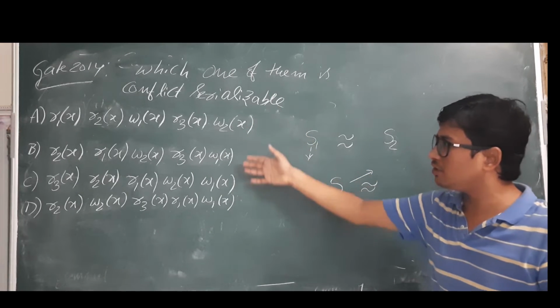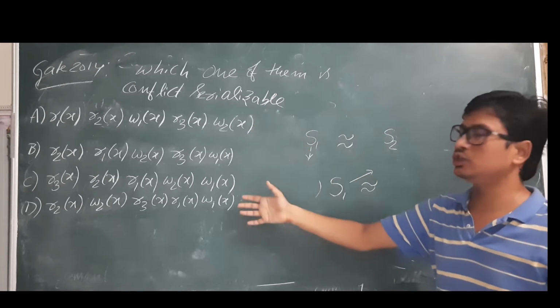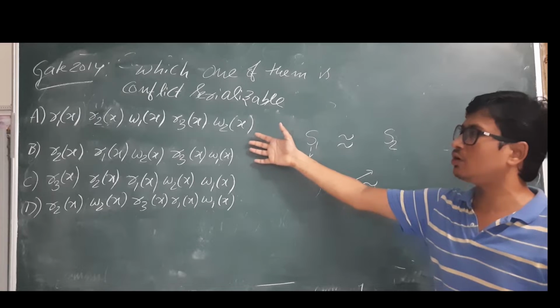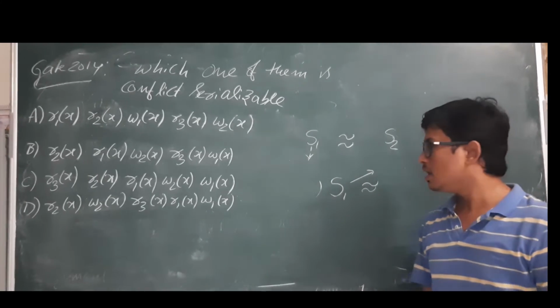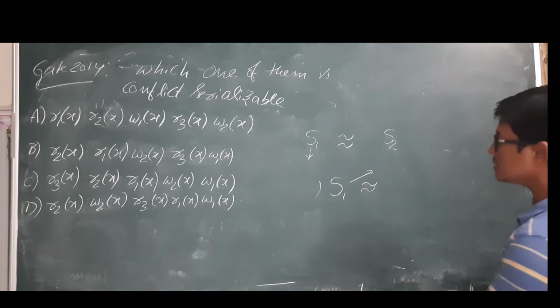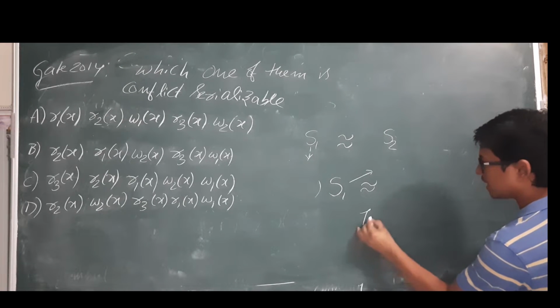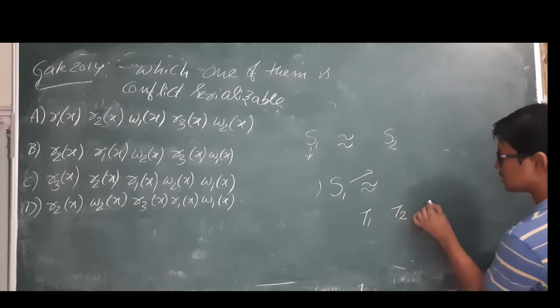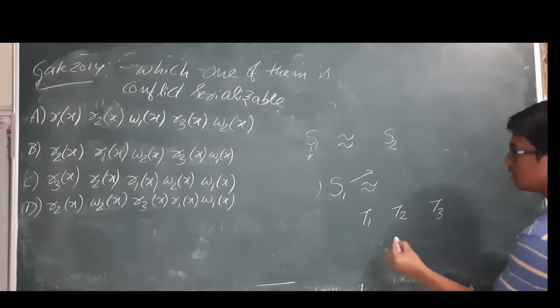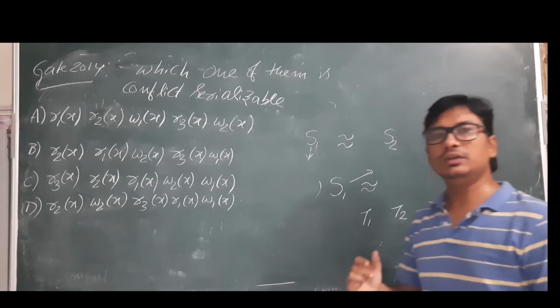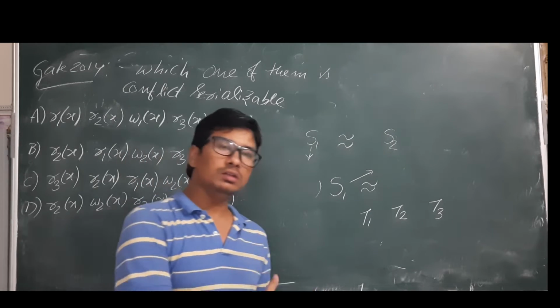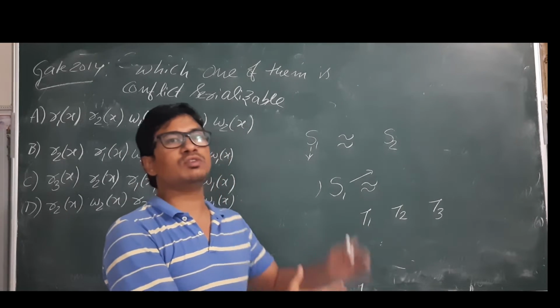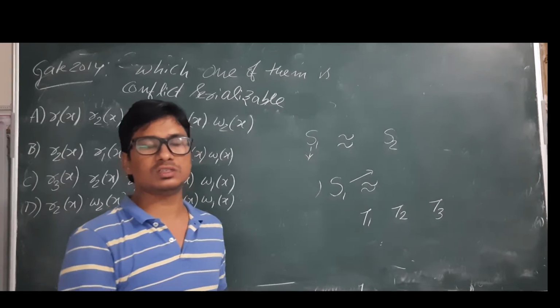So they have given 4 non-serial schedules, and they are asking which one is conflict serializable. Now you can ask me, sir, if I have 3 transactions, transaction 1, transaction 2, transaction 3, we need to find how many serial schedules there are, and among these, which one is conflict equivalent to the given non-serial schedule.